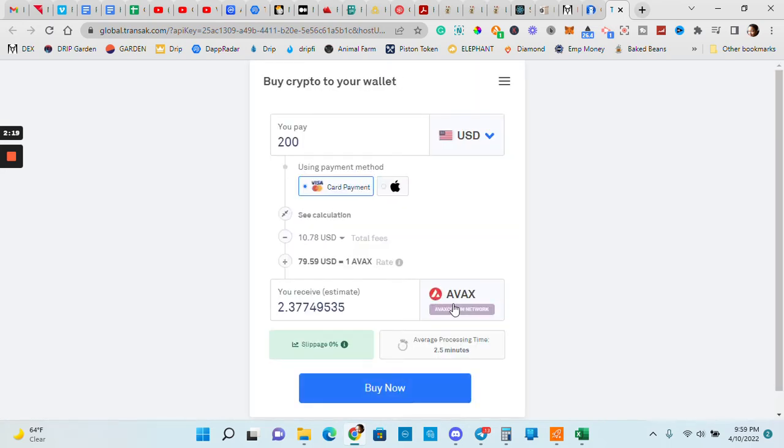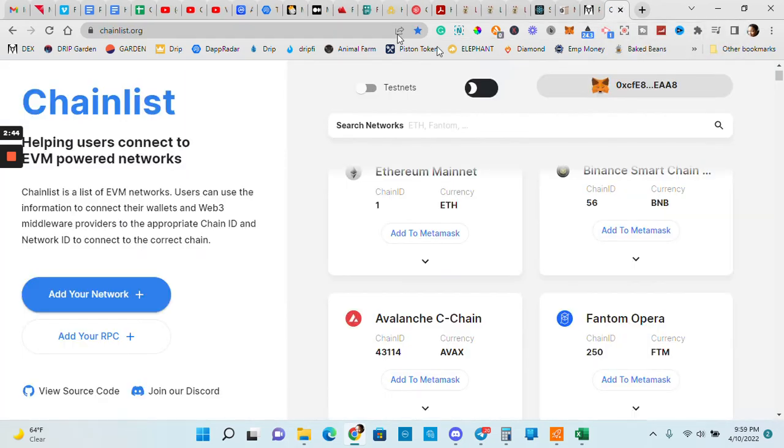Keep in mind you need maybe $5 of AVAX in your wallet to cover gas fees. If you plan on using this for other things, or for a bit longer, maybe put in 10. It's up to you, but make sure you leave some AVAX in your MetaMask wallet. That's how you can get started.